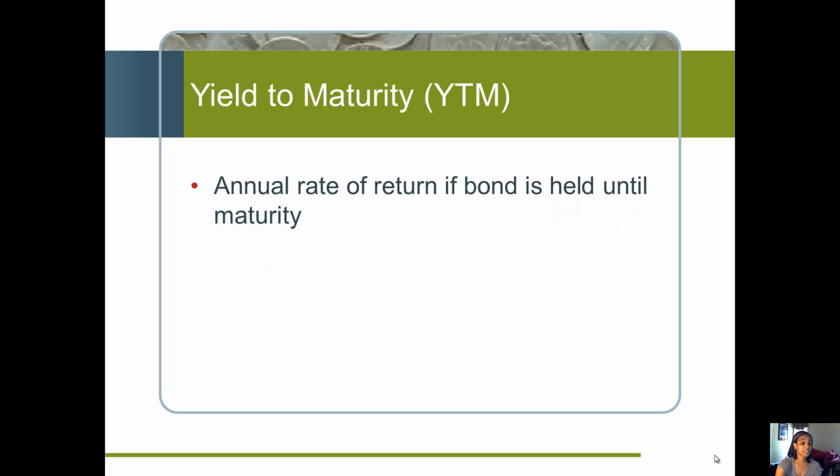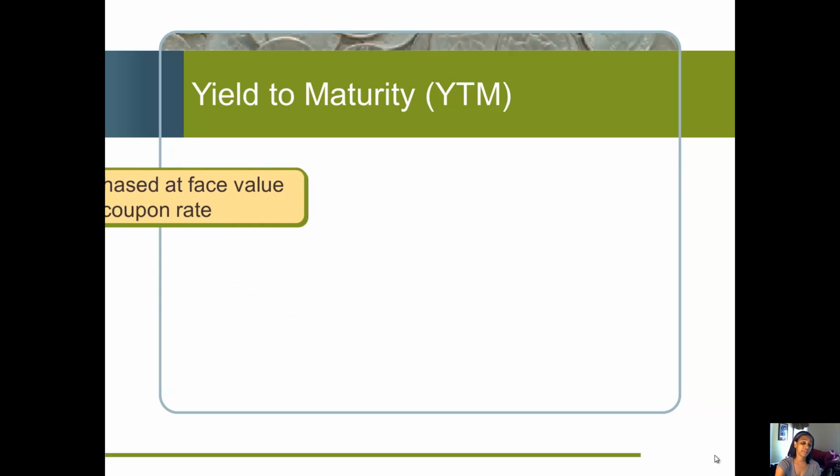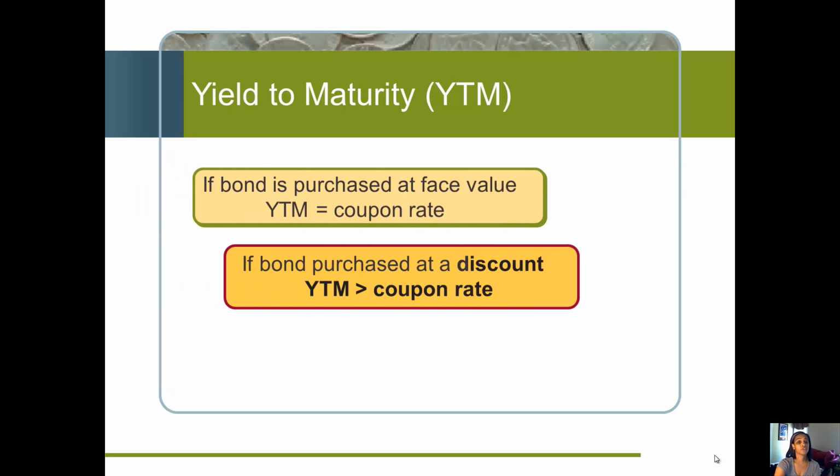Again, yield to maturity tells us what our total return on that bond would be if we held it to maturity. So it measures our annual interest income and our recovery of principal at maturity. So if a bond is purchased at face value, then the yield to maturity is going to be equal to the coupon rate.